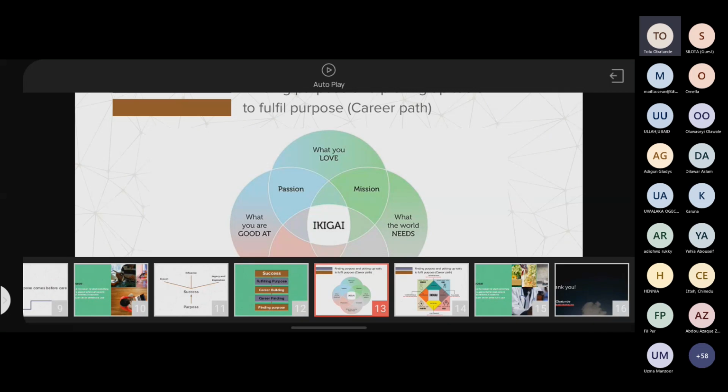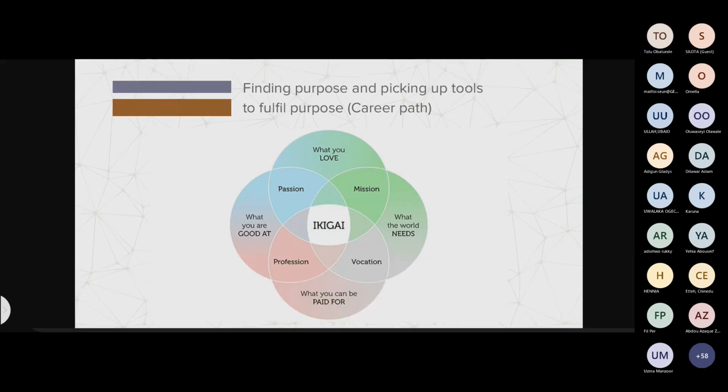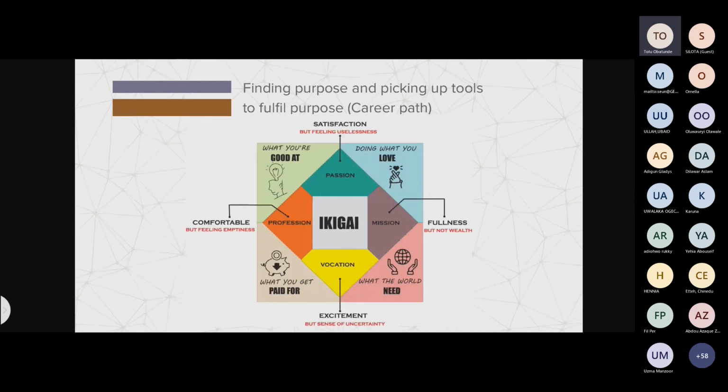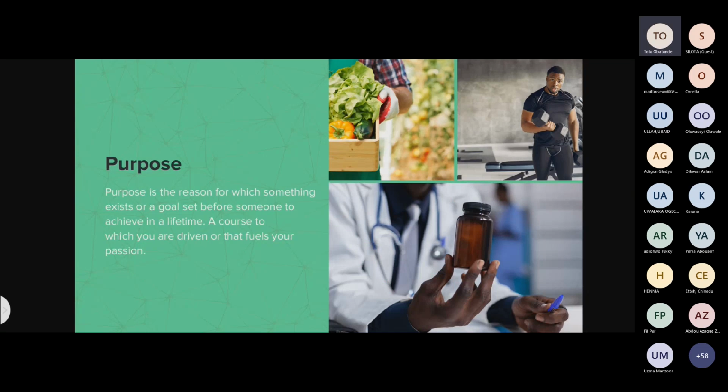And this is very, very key when you're talking about career path finding.